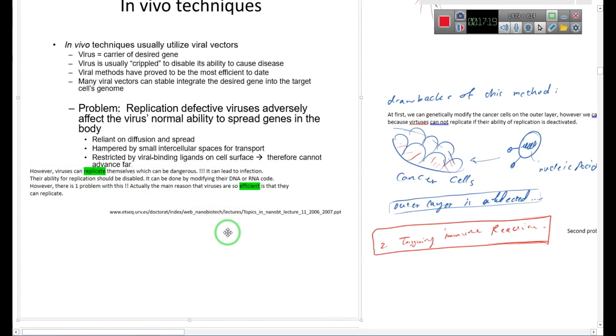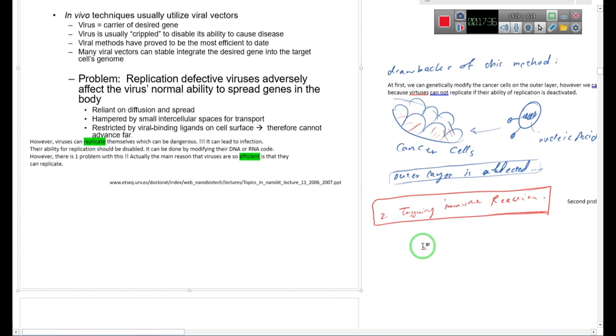Well, the problem of the immune response of the body is, let's say, important because it can lead to the death of a person.